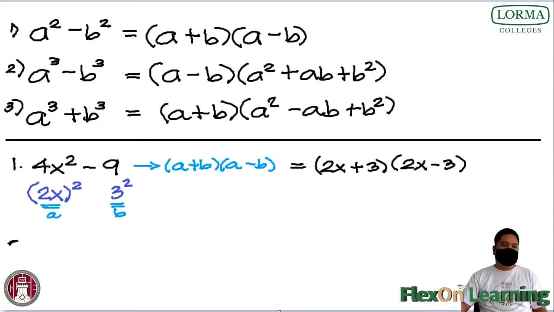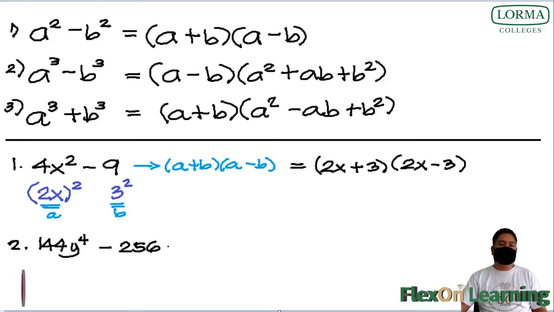Let's try another. We have 144y fourth minus 256z6.